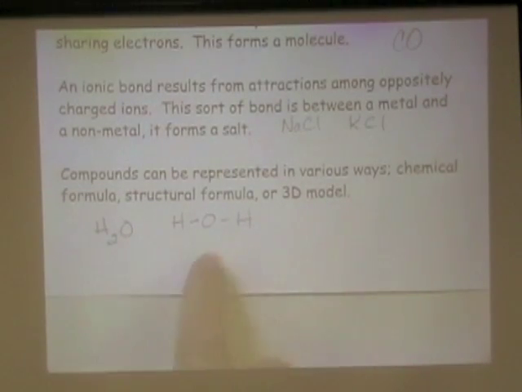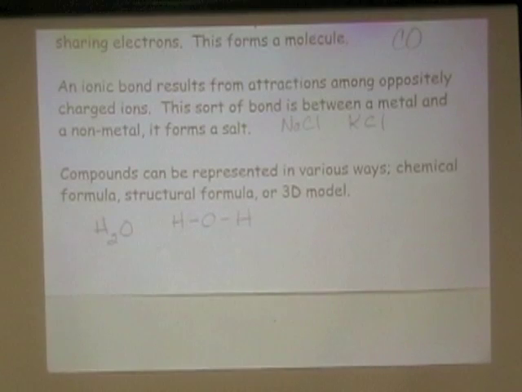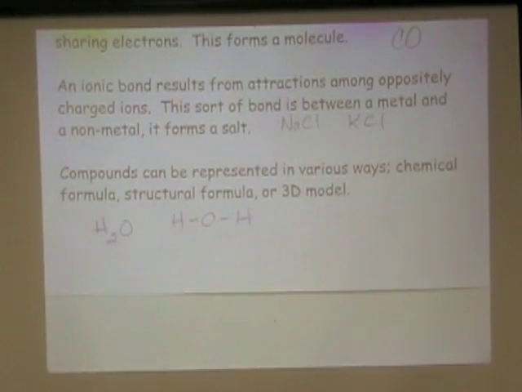A structural formula, which is this right here, also tells us what kind and how many of a particular kind of atom we find in a compound. But it tells us something else too, the way that they are connected together. So a structural formula gives us a little bit more information. It tells us that the oxygen is in the middle, and then coming off of this central oxygen, we have what we call ligands.